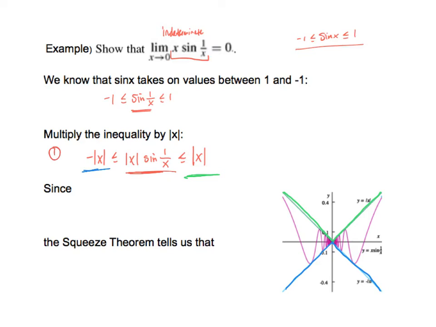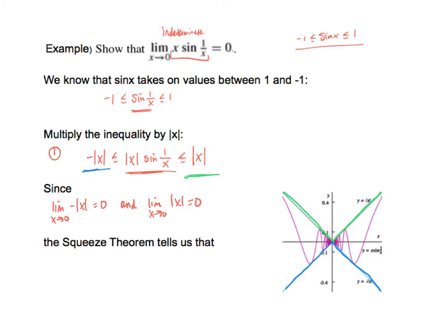Okay, so we have our upper and our lower, and now we can say that the limit as x approaches 0 of negative absolute value of x is equal to 0 through direct substitution, through graph interpretation, through anything, and the limit as x approaches 0 of the positive absolute value of x also equals 0.